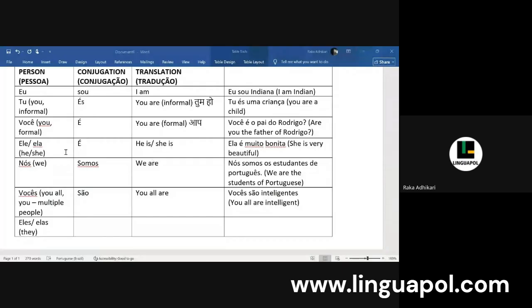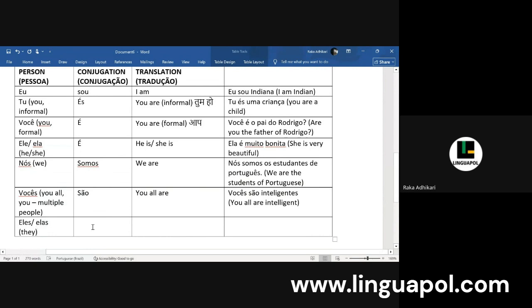One is masculine plural and one is feminine plural. You can see here ele means he, whereas ela means she. So one is masculine and one is feminine, whereas in this case one is masculine plural, one is feminine plural.